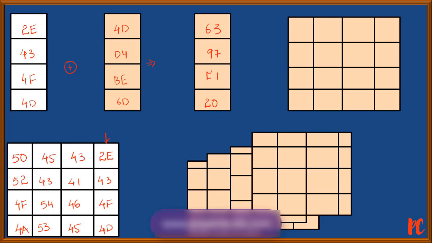So this will be the fourth column of the subkey now. So this is my fourth column, right? So this will be 63, 97, f1 followed by 20.